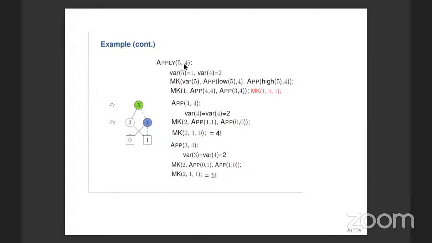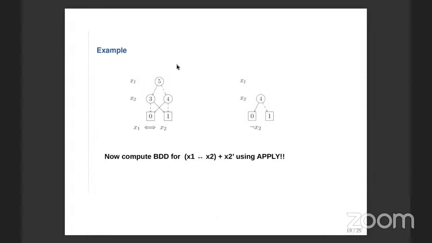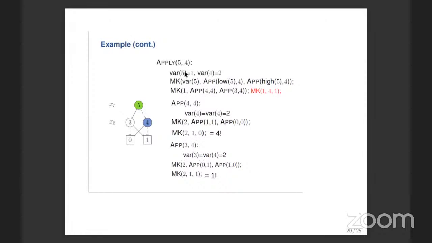So you start with applying the OR operation, the plus operation here. You start with the BDDs represented by nodes 5 and 4. You get the variable of the node stored at 5, which is variable 1, representing x1, and the one at 4 is x2.